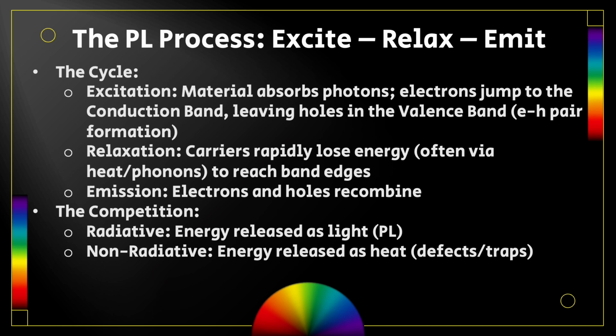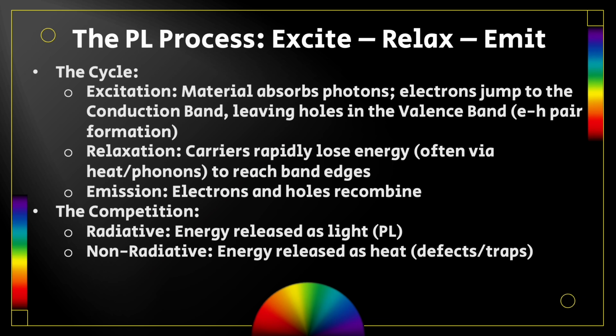Third, emission. Finally, the electrons and holes recombine. When they do, they release their remaining energy as light. However, there is a crucial competition happening here. The energy can be released as light, which is our radiative path, or it can be lost as heat through defects or traps, which is the non-radiative path.